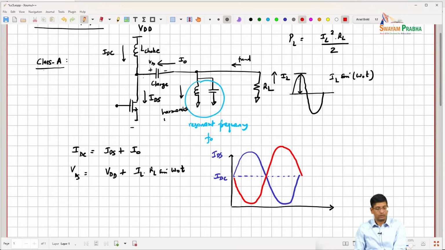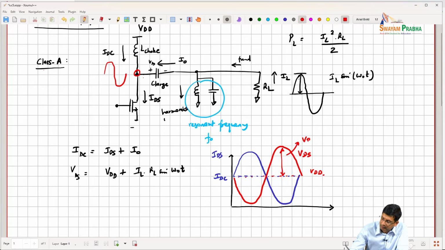and for VDS, this is going to be VDD. The midpoint is going to be VDD. So, if I look at this node voltage, it is going to swing up and down about VDD, and my objective is to make sure that I extract as much power as I can. So, I would like the swing magnitude to be equal to VDD.